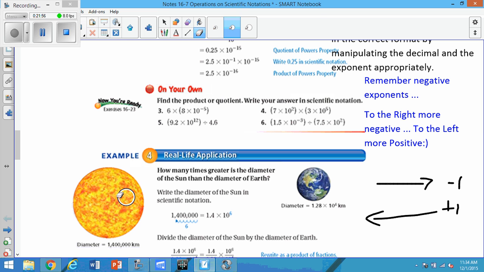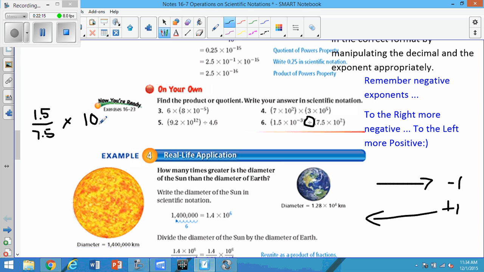Okay, so let's do number 6. Number 6, you take that 1.5, and we're dividing this time. So you're going to take 1.5 and divide that by 7.5. Then you're going to multiply that times the power of 10. So it's 10 to the, and we have negative 3 and 2. So we subtract, negative 3 minus 2 for your exponents, but that becomes an additive inverse, plus a negative 2.